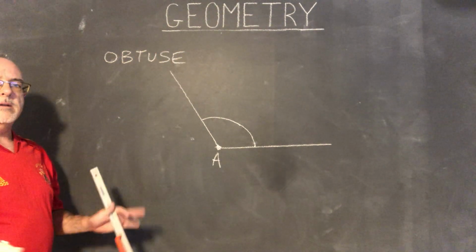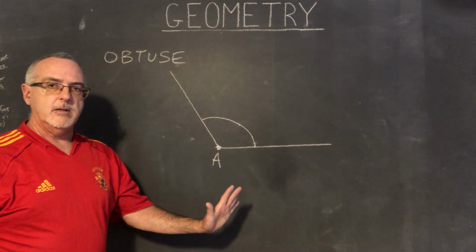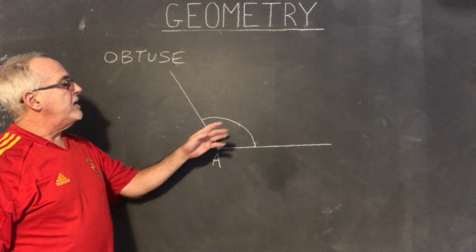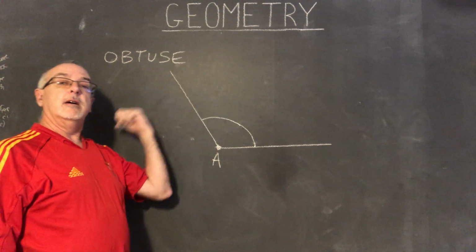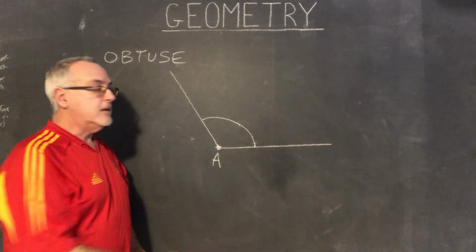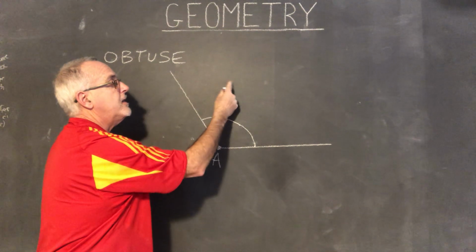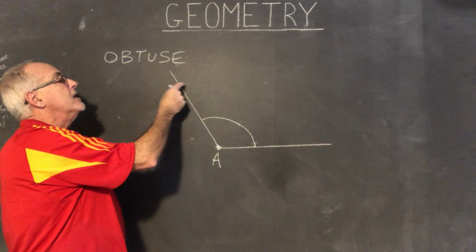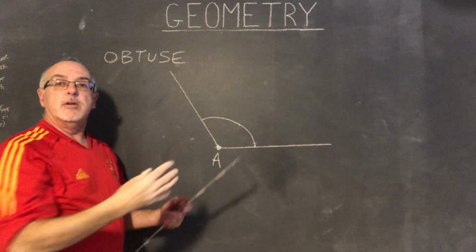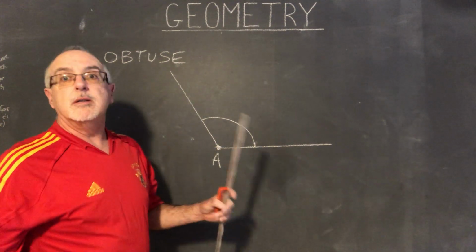So those are the angles that are greater than 90 degrees. Specifically, they're angles that are between 90 degrees and 180. So acute angles are between 0 degrees and 90, and then when we pass 90, we're drawing angles that are obtuse, so long as we go all the way up to 180 degrees, which of course is the straight angle.